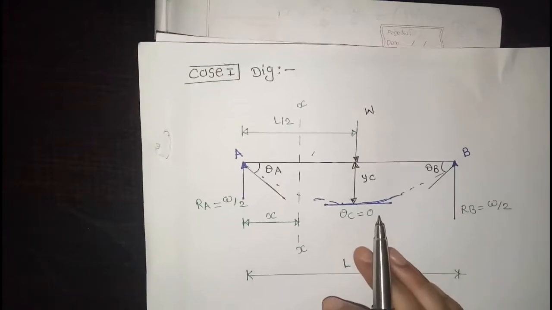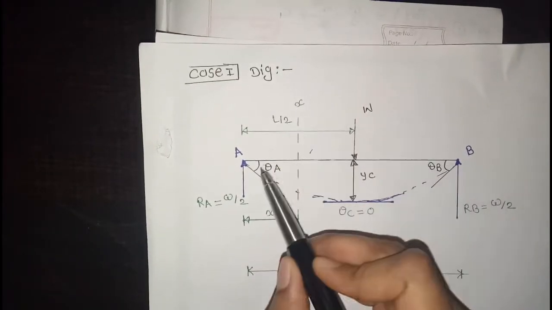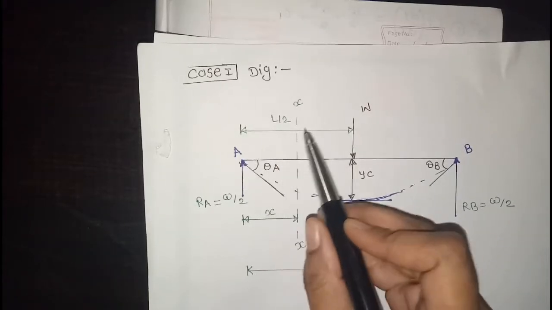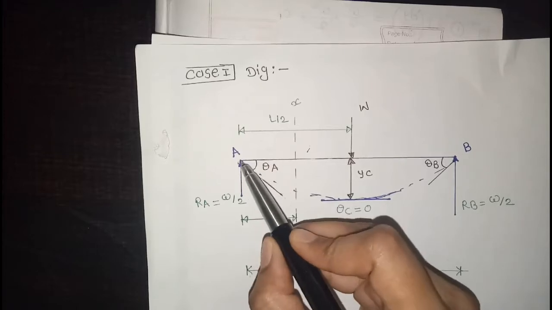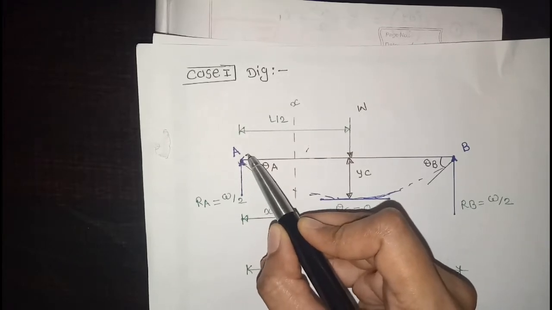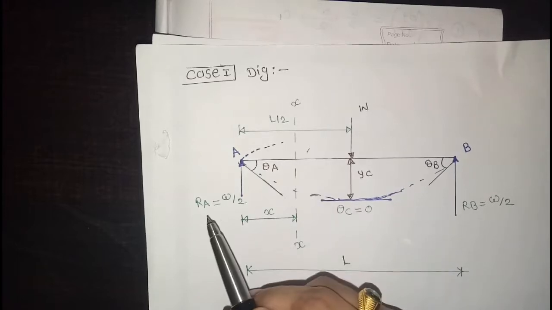See here, we calculate the bending moment at point X from point A. First of all, decide the rotation from point A to section XX.